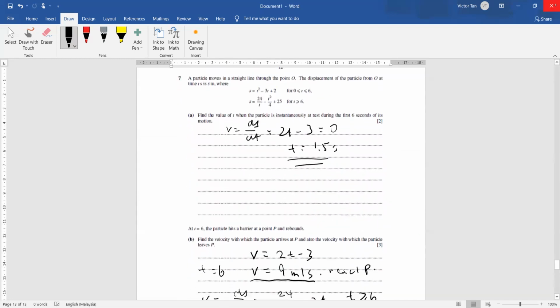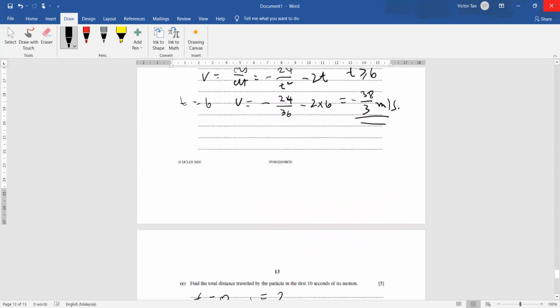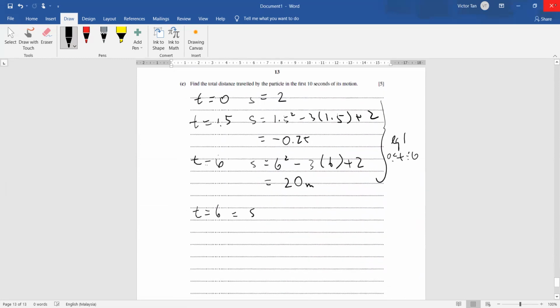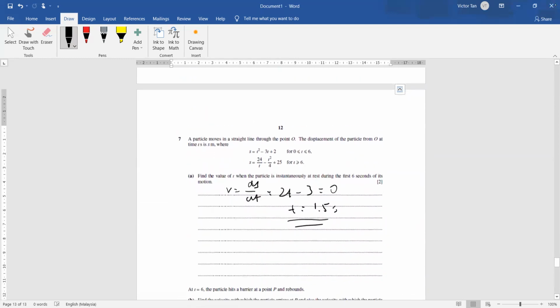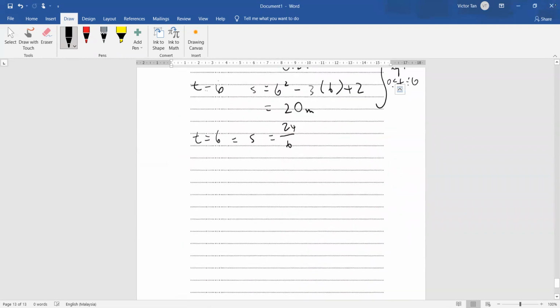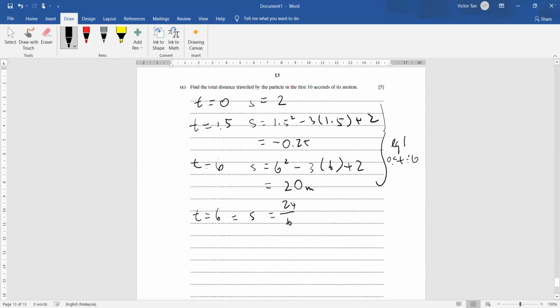It is 24 over 6, which is 4, minus t squared over 4, 36 over 4 is 9, plus 25. Okay, it is 20. So it is in the same position.